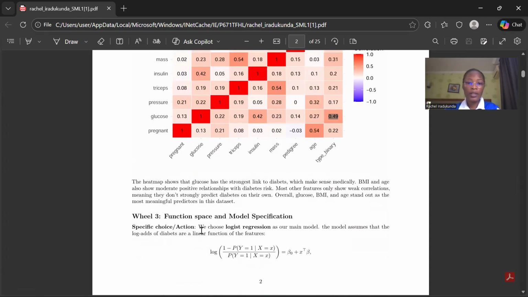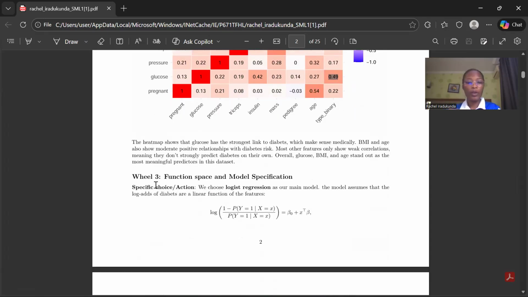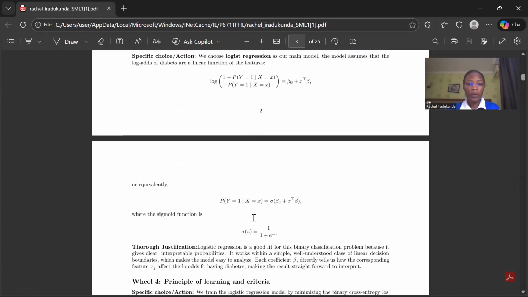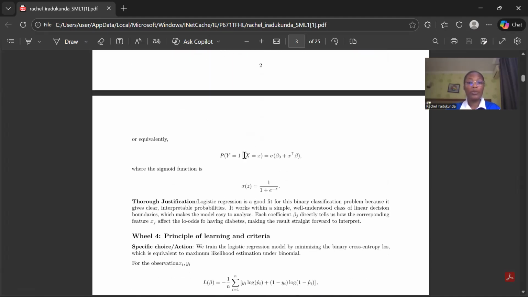Now we are going to focus on rule number 3. This is called the hypothesis space or function space. Among this hypothesis space, we choose to use logistic regression as our main model. This is how we calculate the binary type, if you have diabetes or not, using this logistic regression model. We depend on the probability, which is equal to the model.